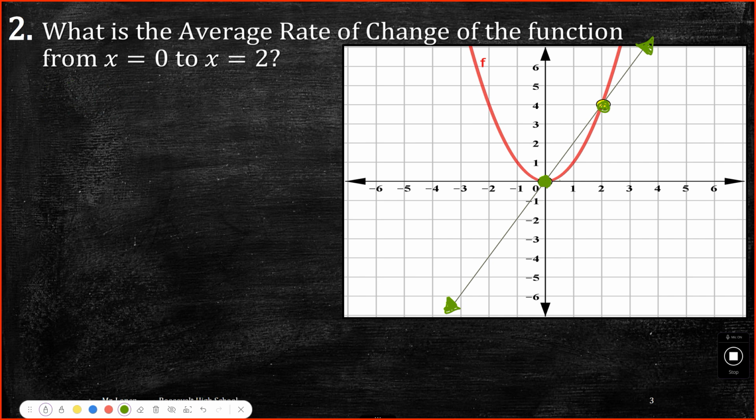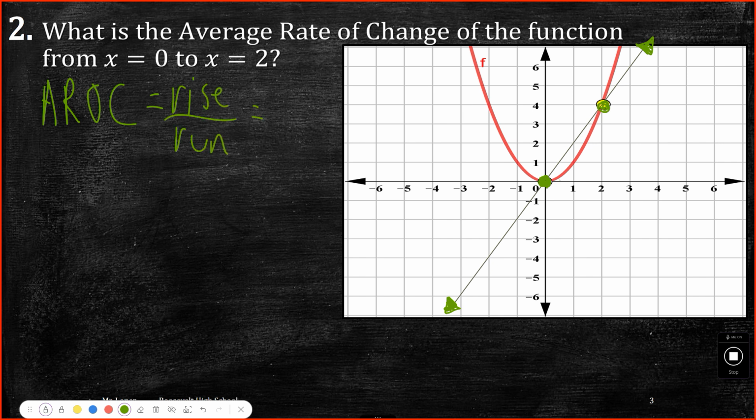Actually, let me write it down the way the AP people do it. AROC. We're going to call it AROC. Average rate of change. It is just the rise over run, but it's the average rate of change of the curve. Okay? And that's going to be rise over run.